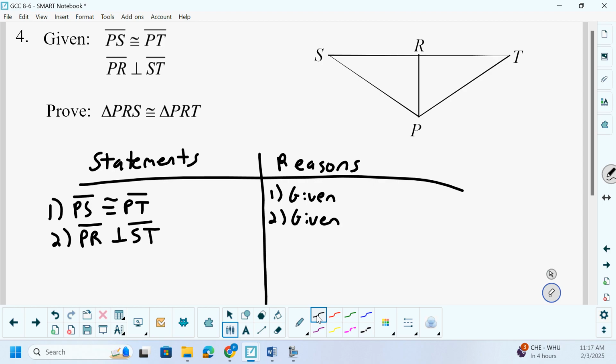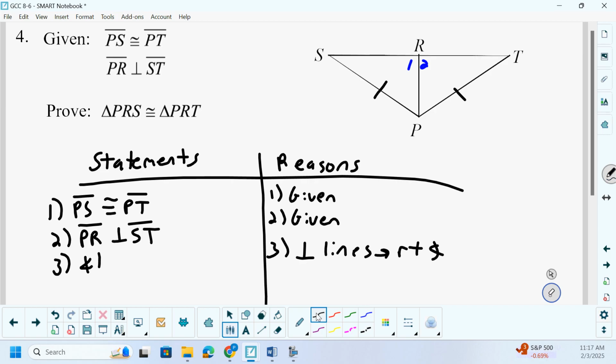We had one set of things congruent. We had PS and we had PT. We've got our perpendicular lines, so I'm going to do perpendicular lines implies right angles. PR and ST are meeting at R, so I'm going to number those 1 and 2.